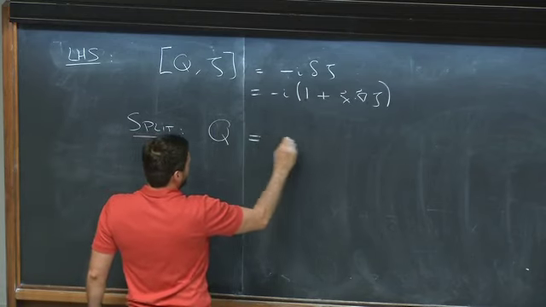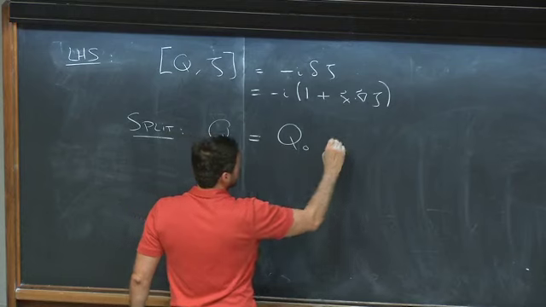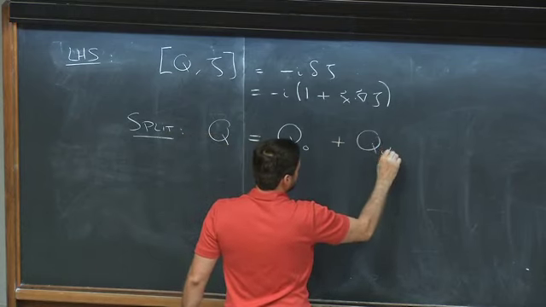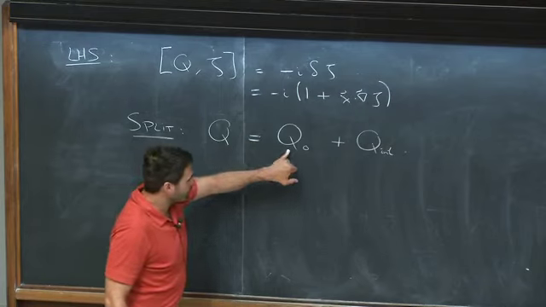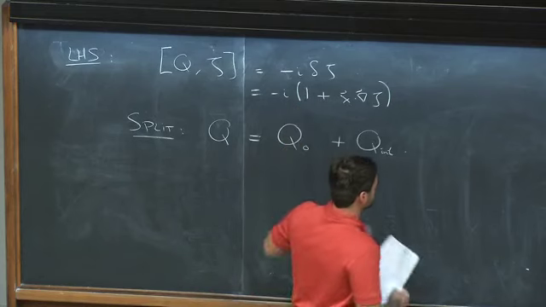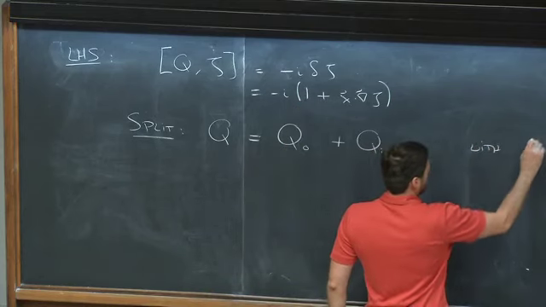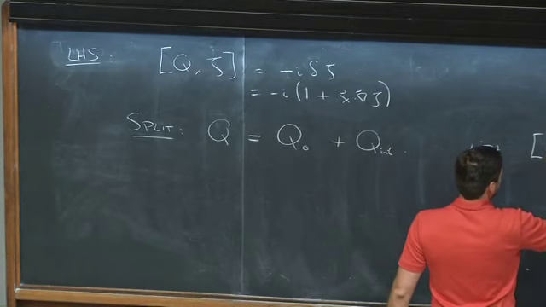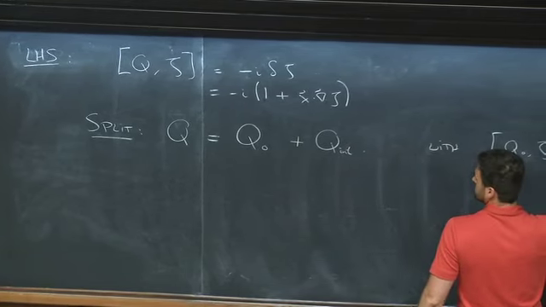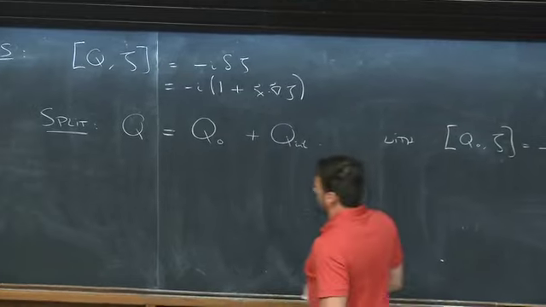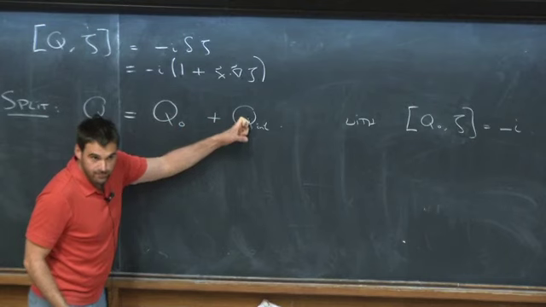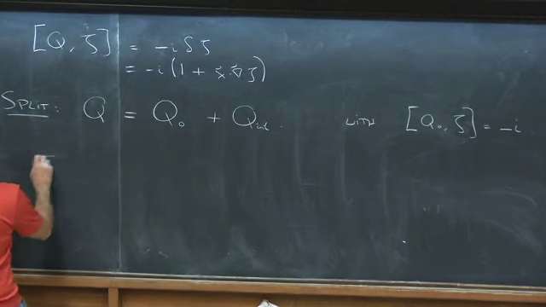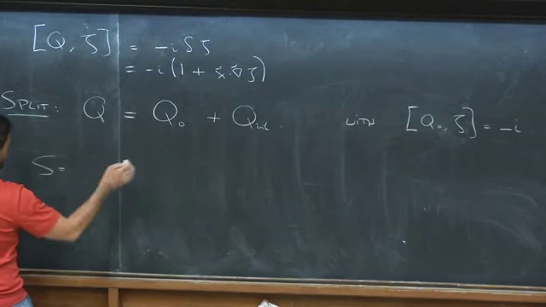Let's write Q as Q naught, the free part, plus an interacting part. And let me say why. I claim that the free part, Q naught, generates the constant shift, so Q naught commuted with zeta is equal to minus i. The reason I call this the free part and this the interacting part is this: imagine you take your action and expand it out in powers of zeta.